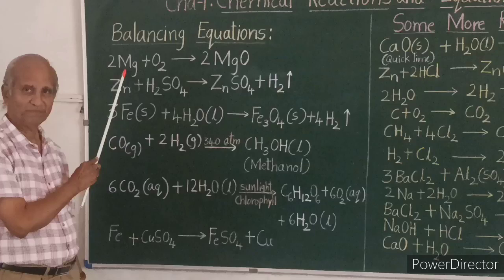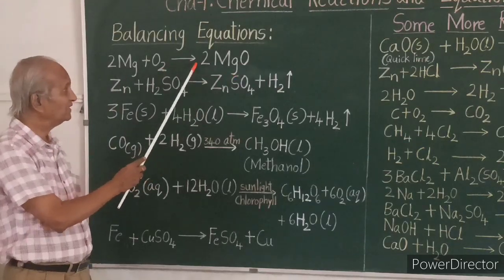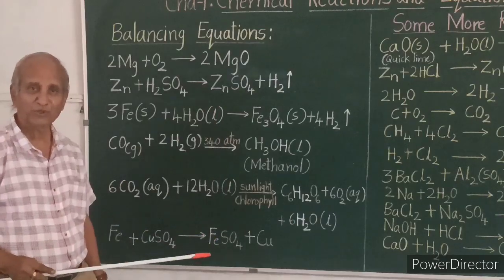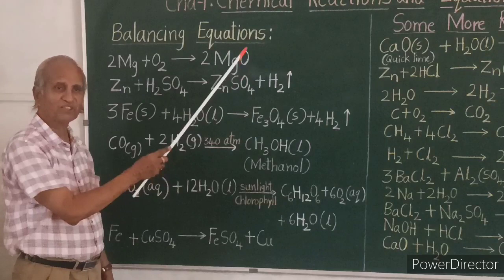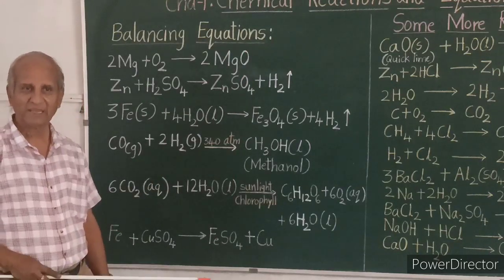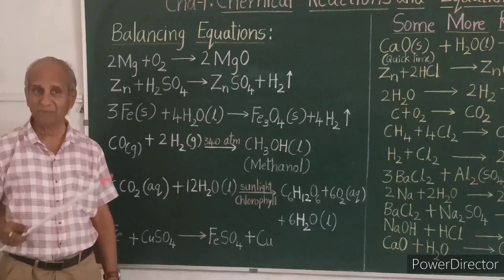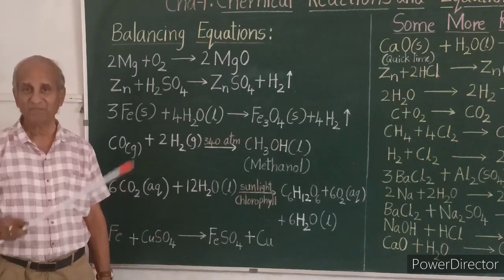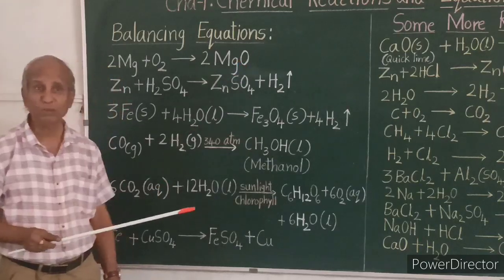Magnesium atom reacts with the oxygen molecule to give us, this arrow says, magnesium oxide. It is capital M, small g, then capital O. If you write small o here, it won't be oxygen.